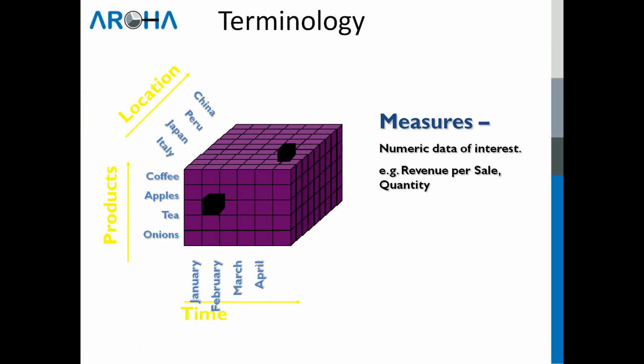I want to know in April how many apples we sold in China. All you have to do is take this April cell, this Apple, and this China, and these three will intersect at one point because it's a cuboid. That intersection value will have a metric. The more metrics you have, the bigger the cube size becomes.